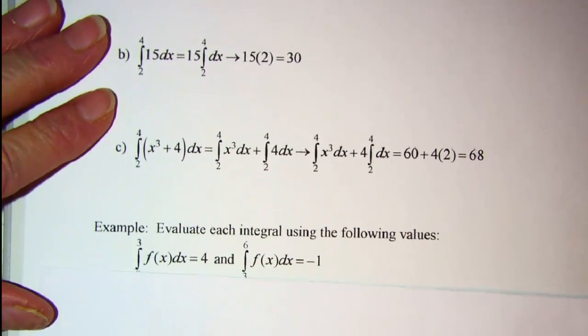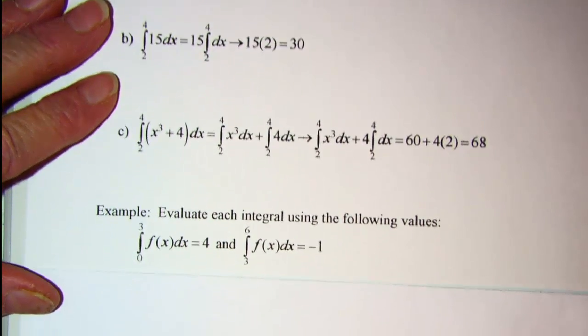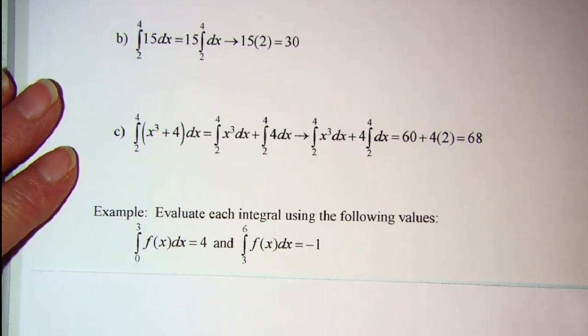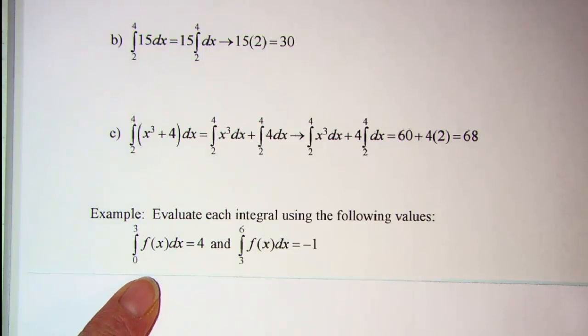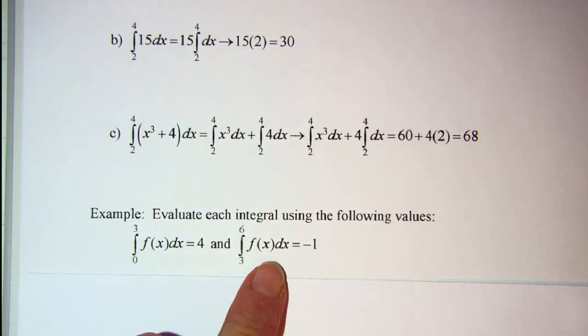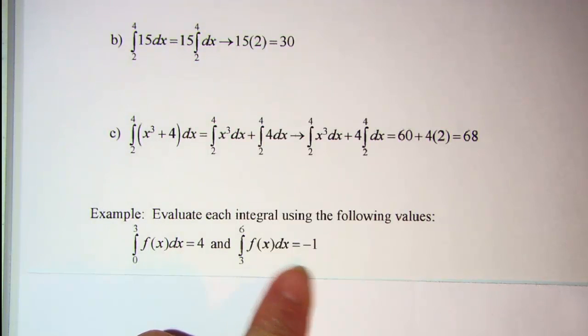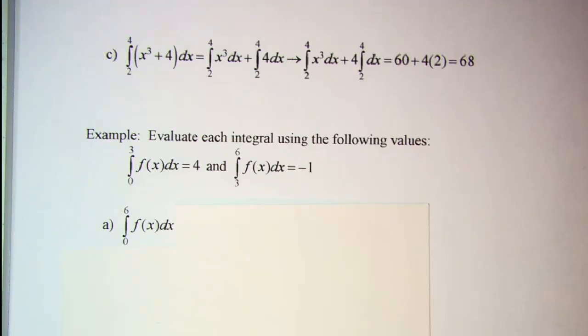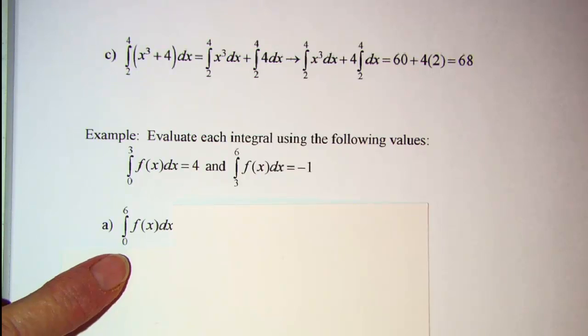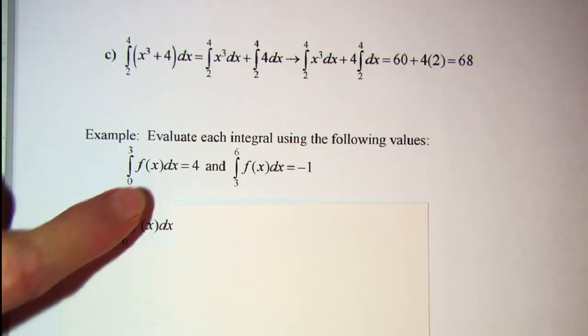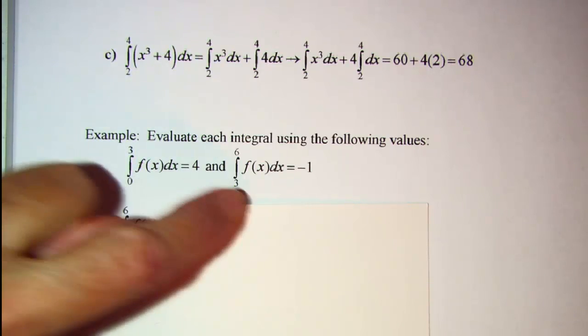Next example, we're told that the integral from 0 to 3 of f of x is equal to 4, and the integral from 3 to 6 of f of x is equal to -1. So to find the integral from 0 to 6 of f of x, we would just add these two together.